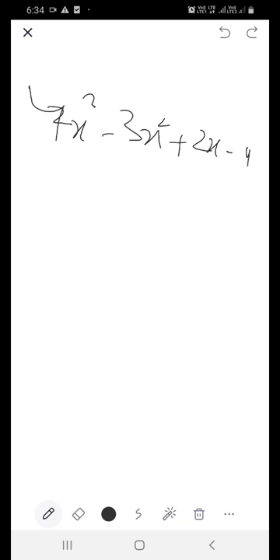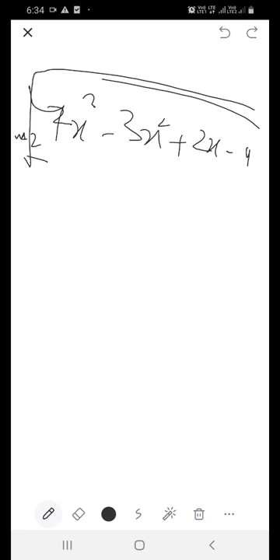In your lower classes, you used to do the division like this. For example, if I tell you to divide 4x cube minus 3x square plus 2x minus 4 by, suppose, x minus 2.